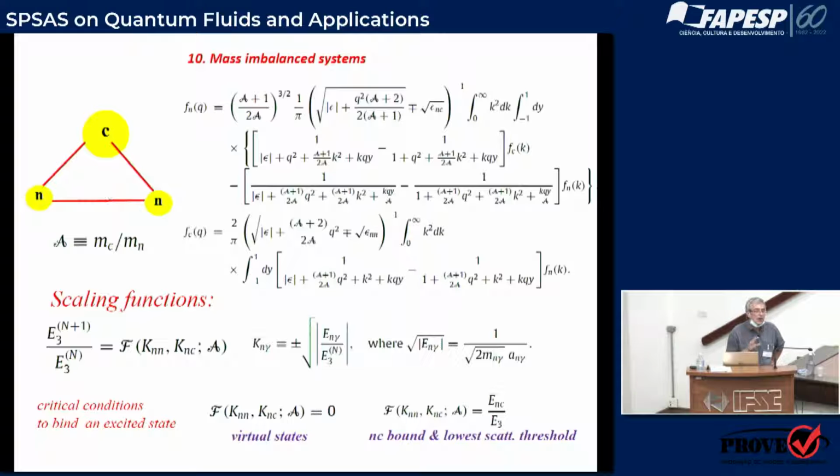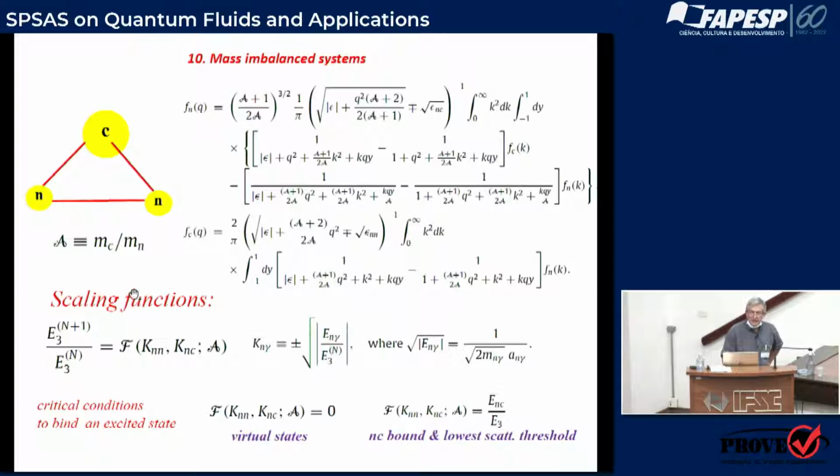And this is not hard to understand, because it's like you are exchanging a photon between two particles, because it's very light. And this gives rise to this long-range potential, not 1 over r like Coulomb, but 1 over r squared. And then if you have two heavy and one light, you can really see Efimov states much closer, not 500, but factors of 20 or even less.